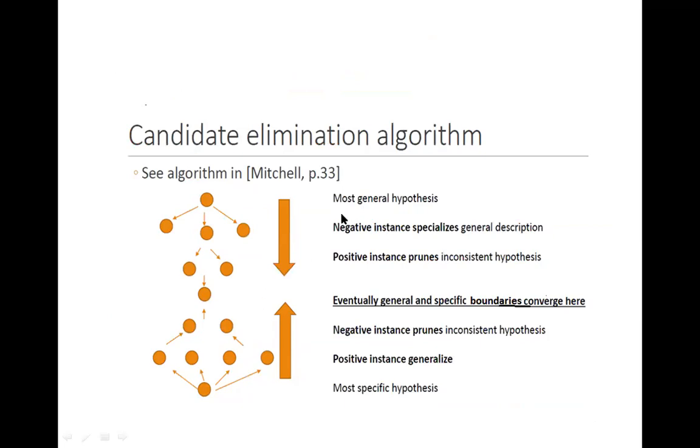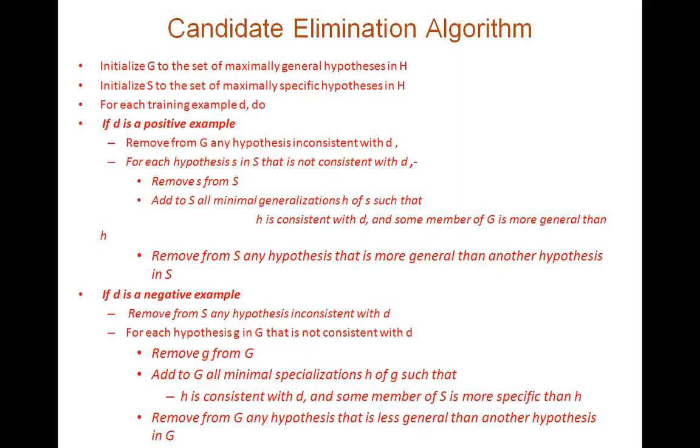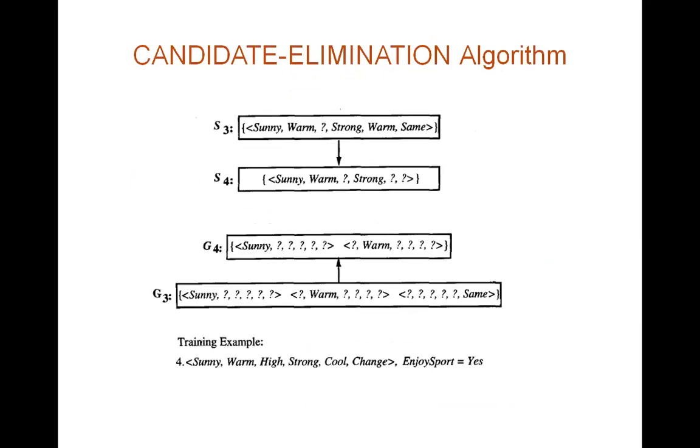If it is a negative example, from most general we come to most specific. If it is a positive example, from most specific we move towards most general. A simple summary of that algorithm. Is it clear? Very simple algorithm, but it looks lengthy, though it is not that complicated.